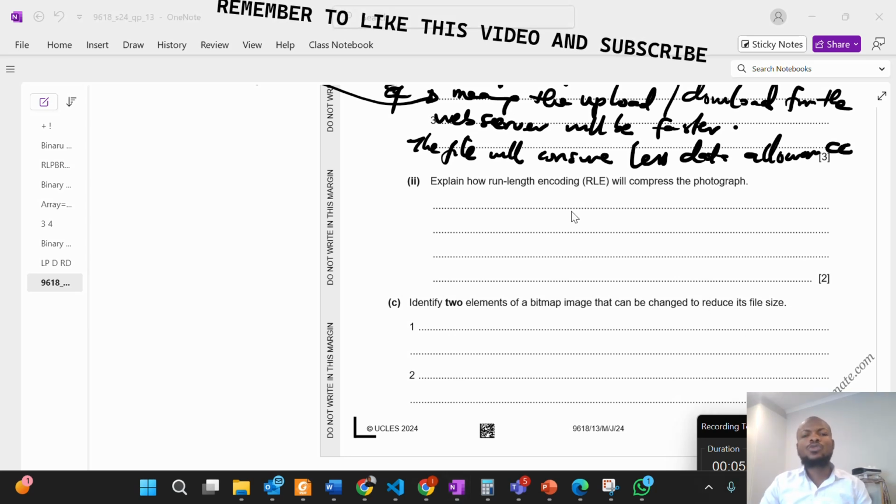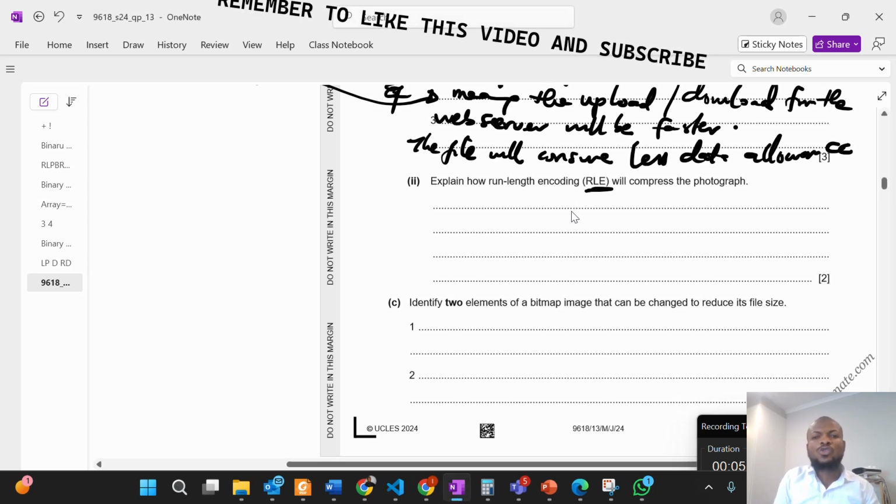So first and foremost, we need to understand what run length encoding is. Run length encoding is a form of lossless compression.